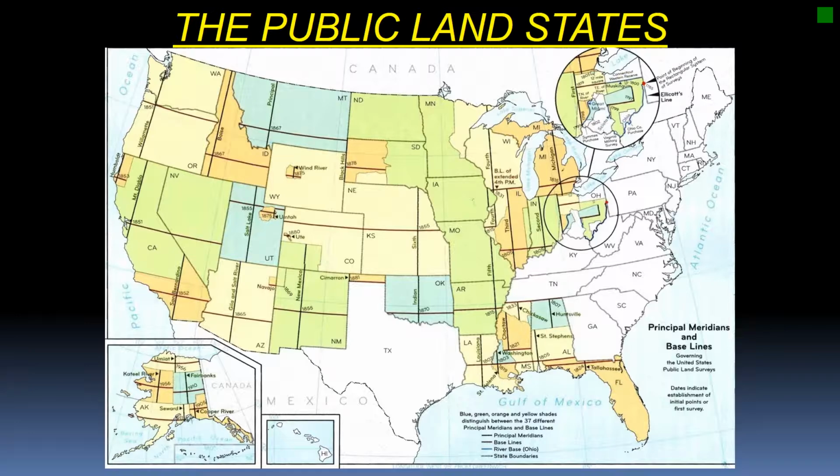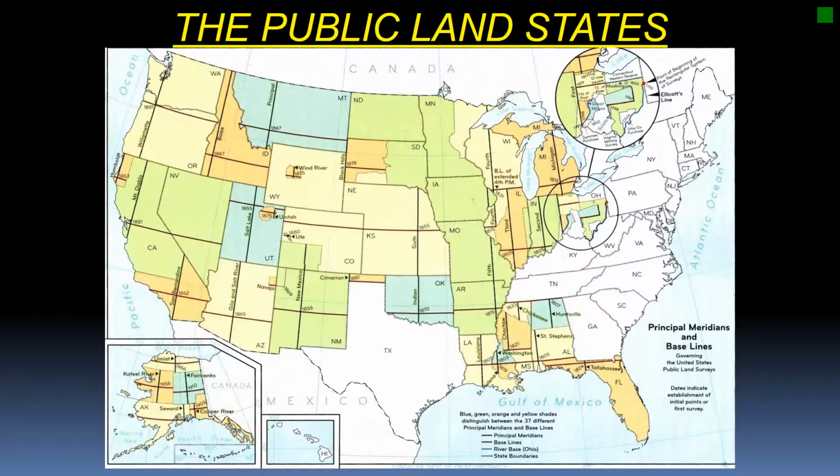The north-south line is the Willamette Meridian. That's meridian being north-south. And the east-west line is the baseline. Now, where the two lines intersect, that's where all the surveys start in the public land system for Washington and Oregon.